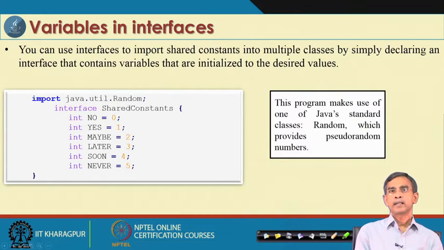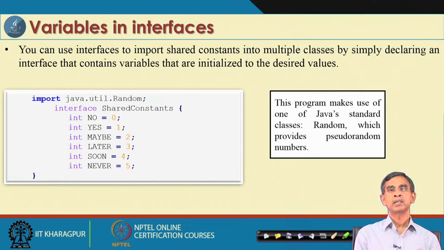Now, let us have a very simple example of the utilization of an interface, why we go for an interface, and what the usage of the interface is. It has two important applications.